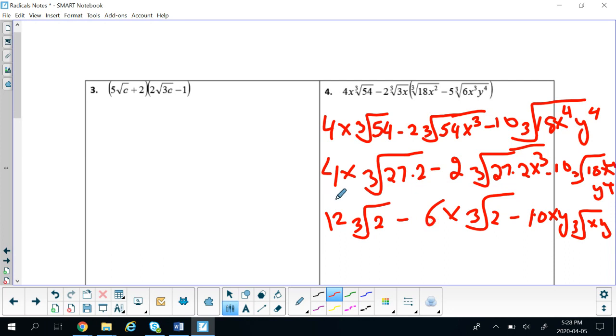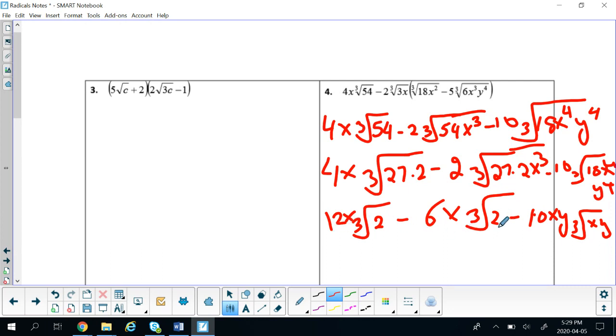Now we're gonna combine the like terms. Oh, we have missed x here. Okay, we had x here on the second step. Okay, so we're gonna combine the like terms. We have 12x cube root of 2, and here we have negative 6x cube root of 2. So we are gonna subtract these two radicals.